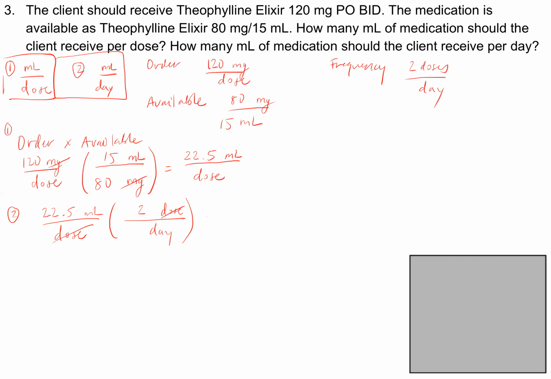Fill in your numbers, and you're left with 45 mLs per day. So you have a 2-part answer, 22.5 mLs per dose, and you have 45 mLs per day.